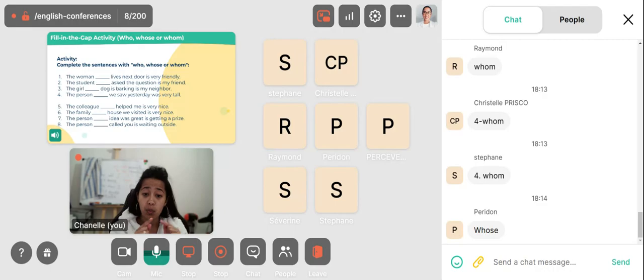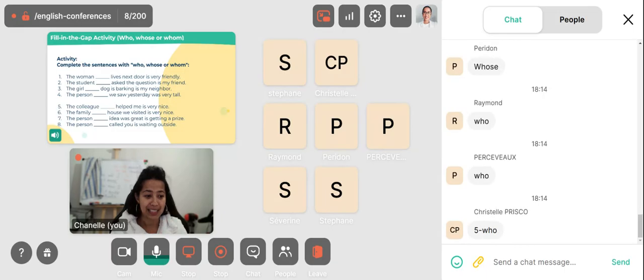You can see that when you use whom, we have to follow with a subject and a verb. The person whom we saw. Because if we look at number 1, the woman who lives, directly followed by a verb. Well done.